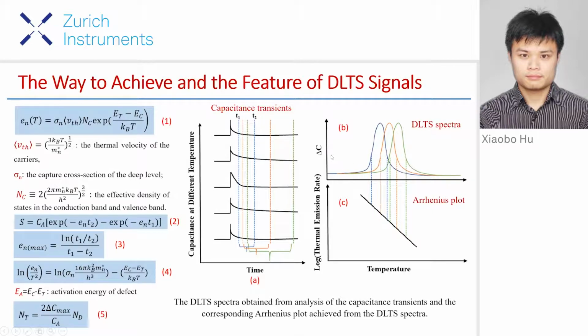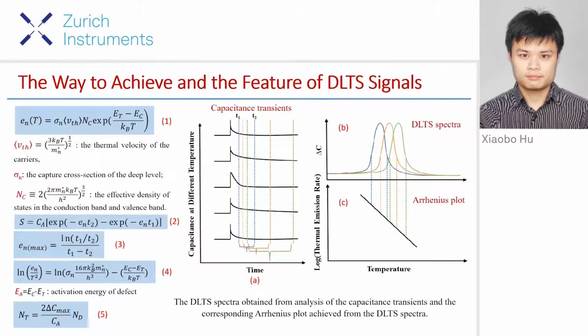Meanwhile, this capacitance difference, delta C, will form the relationship curve with the temperature as shown in this figure, which is commonly considered as the basic DLTS output signal S. For the maximum peak, the derivative of the signal should be equal to 0.